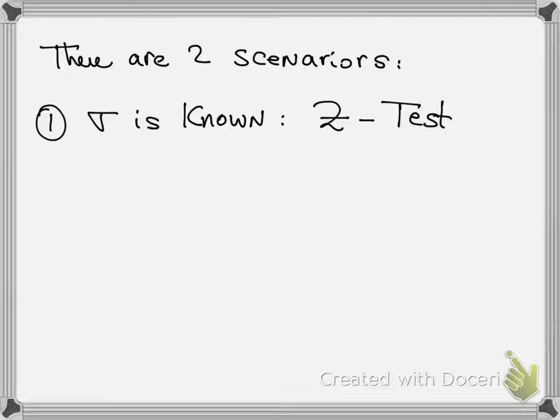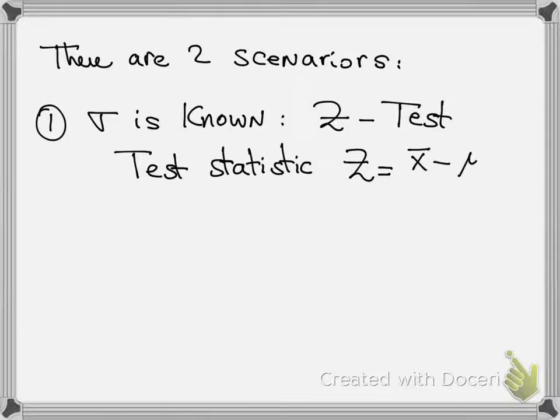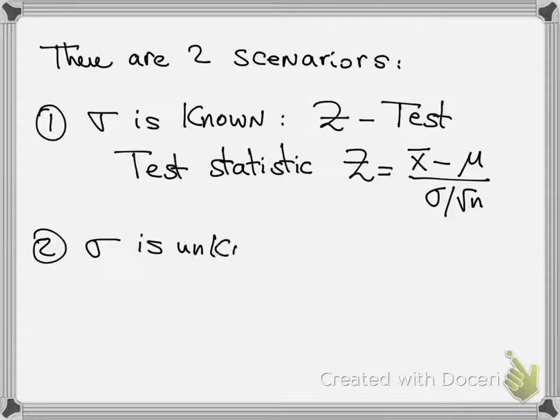The test statistic is z equal to x bar minus mu over sigma divided by square root of n. And when sigma is unknown, we're gonna use, of course, the t-test.